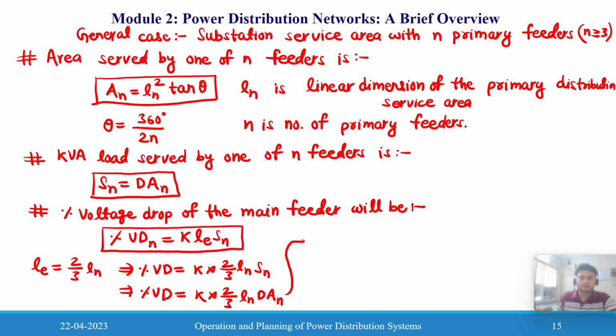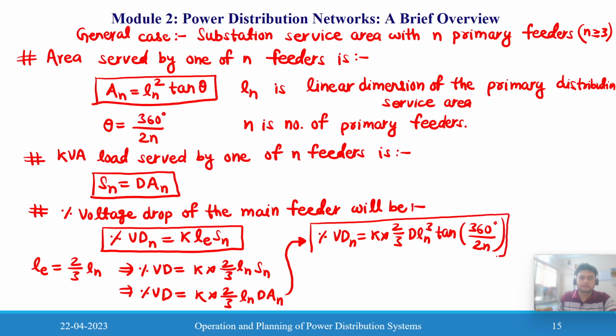So we have the final expression as K into 2 by 3 of D Ln cube tan of 360 degrees divided by 2n. So this is the expression.